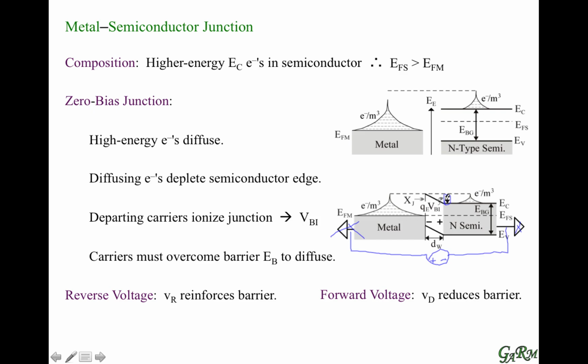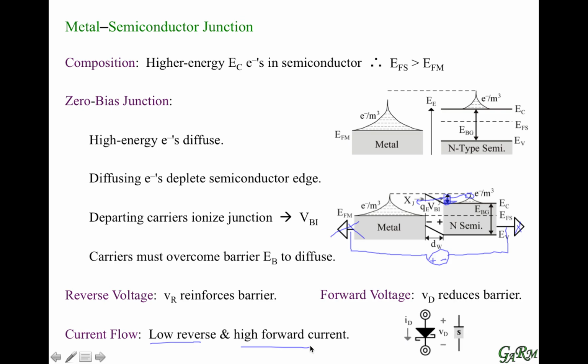So the barrier is now lower, and we have an exponentially increasing number of electrons that are now free to diffuse and cross the junction. So we have a forward current that increases exponentially with voltage. In summary, what we have is low reverse current and high forward current.